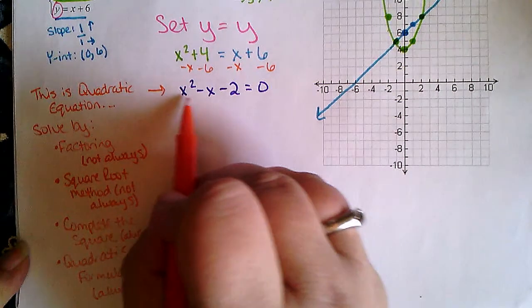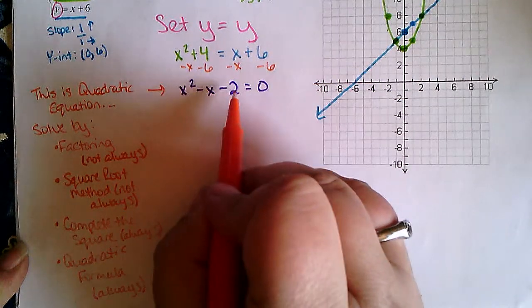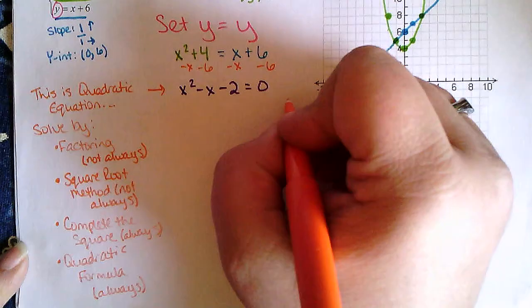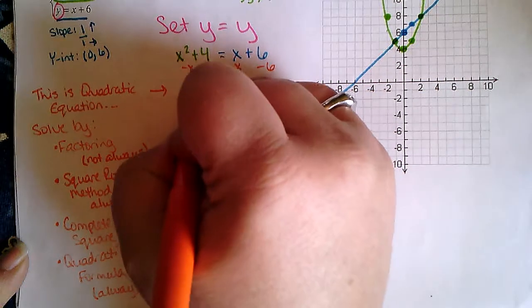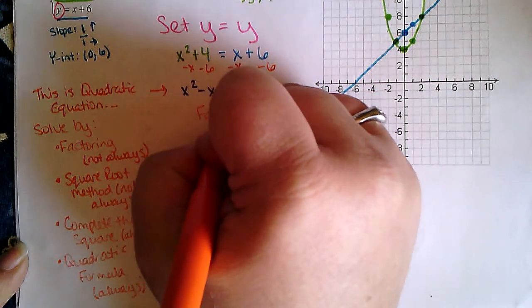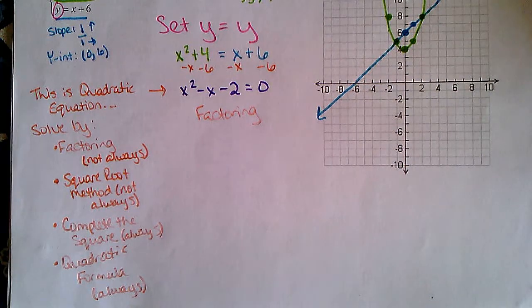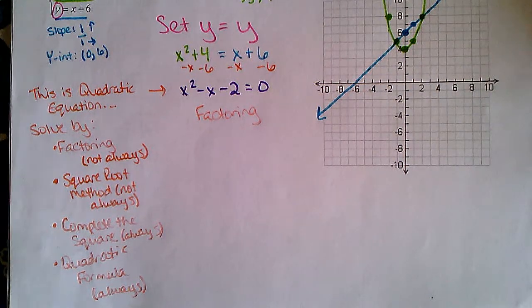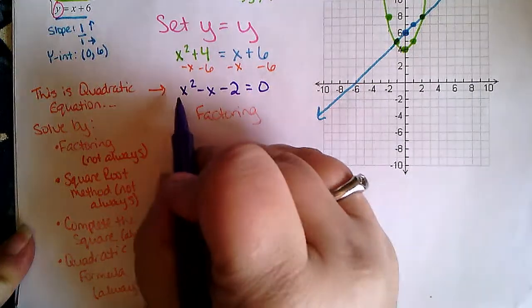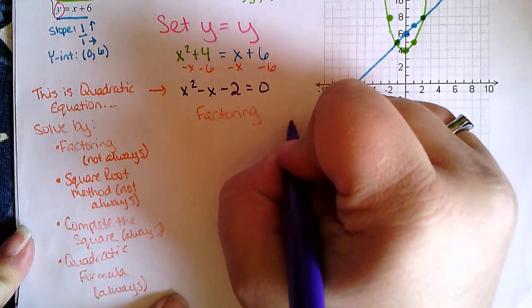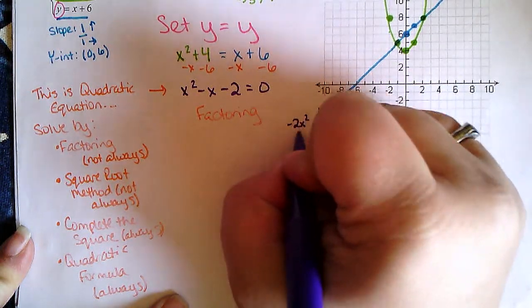So I noticed that my A times C is going to work, so I'm going to solve this one by factoring. You can select a different method if you would like and see if you can come up with the same thing that I do. So A times C gives me negative 2x squared.